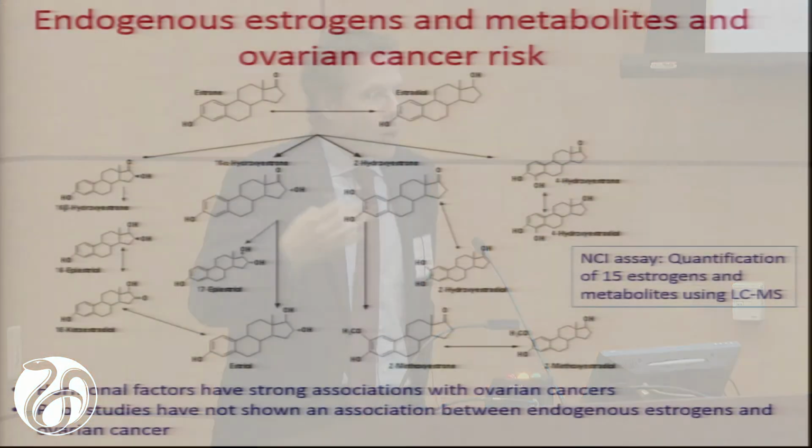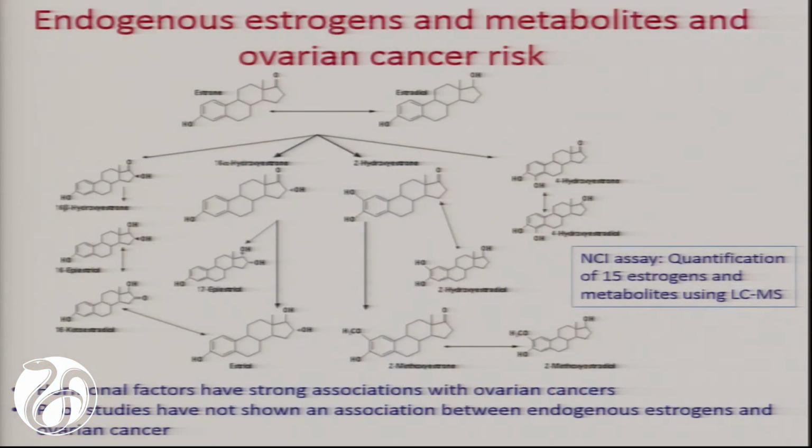I want to close with another example of biomarkers, looking at endogenous estrogens and metabolites in ovarian cancer risk. We know a lot of hormonal risk factors that have strong associations with ovarian cancers, but prior attempts to evaluate endogenous estrogens have not really shown associations with ovarian cancer.